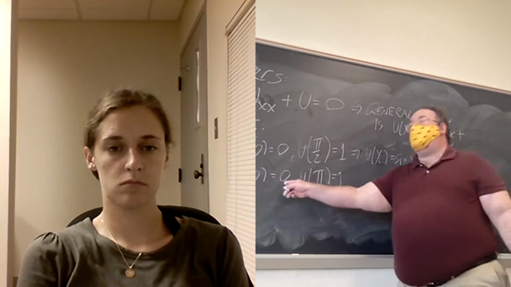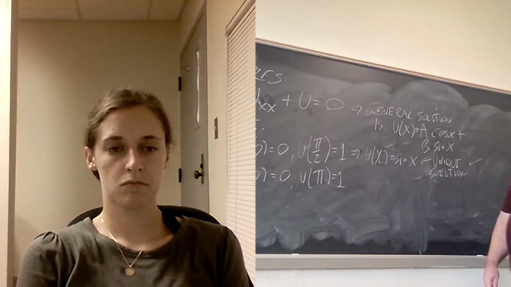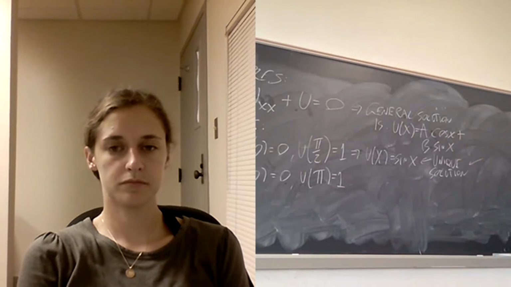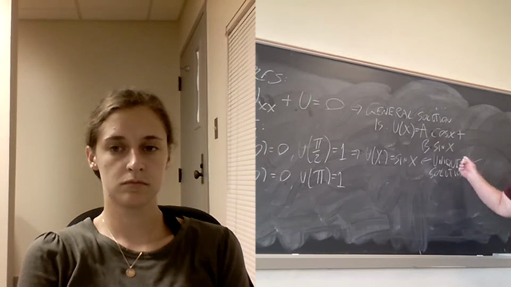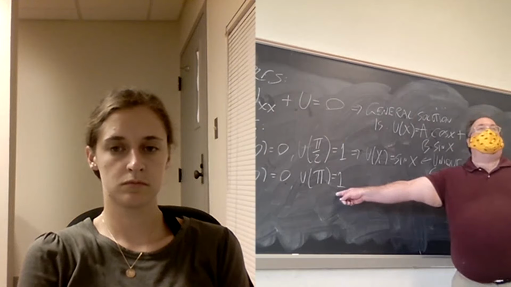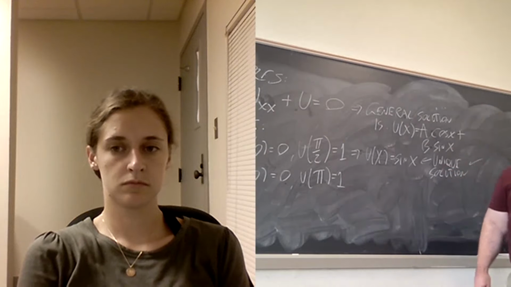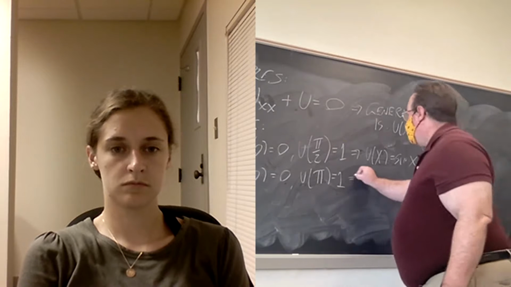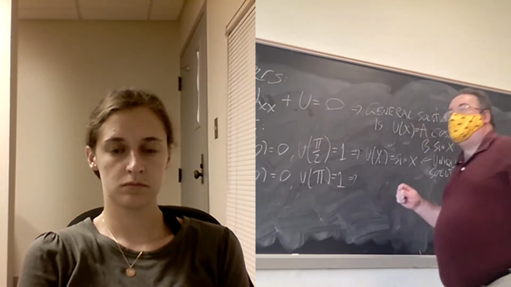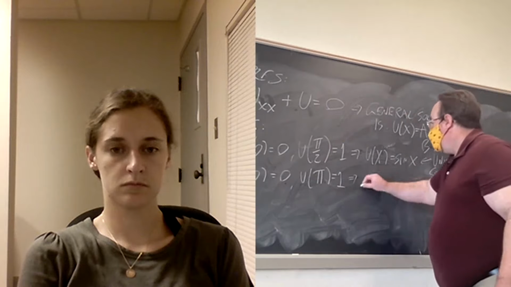So because of this, a has to be 0. So I'm only going to have sine x. But then if I set x equal to pi, in this term, I'm going to get 0. Can't get 1. So these boundary conditions just won't work. So this problem is ill-posed due to failure of a solution to exist.